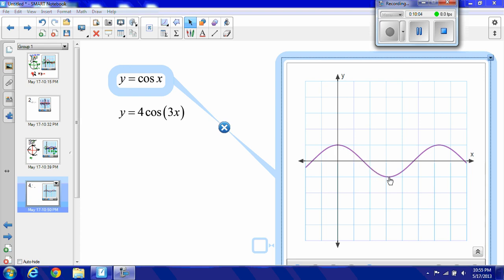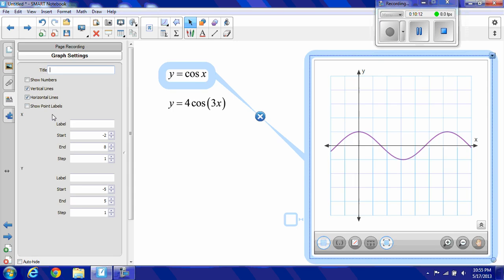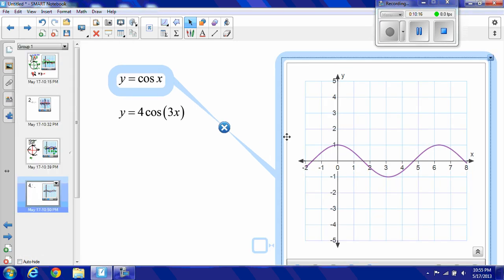It hits its bottom at pi, which is about 3.14. In fact, I think I can even put some numbers on this. I'll show my numbers. That's a little bit better. And then it goes up, and it finishes off its complete cycle from top to top there at about 6.28, 3.14 times 2, 2 pi.